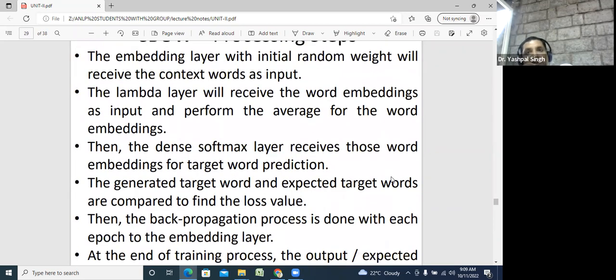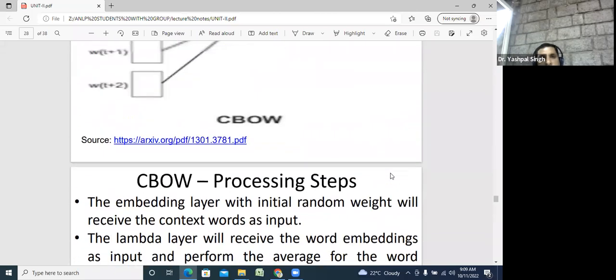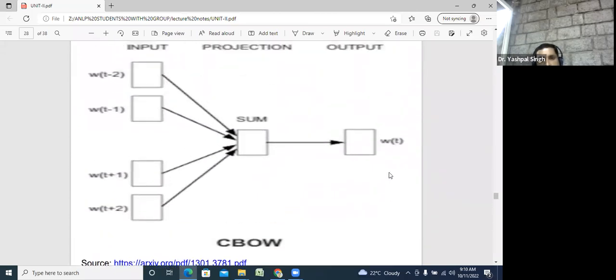The embedding layer with initial random weights receives the context as input, that is W minus 1 to W minus N, and the same for T plus 1 to T plus N. After that comes the lambda layer, then the softmax layer, and after that, the generated target and the loss value are obtained with the help of the back propagation process. That is what we use for our continuous bag of words model.